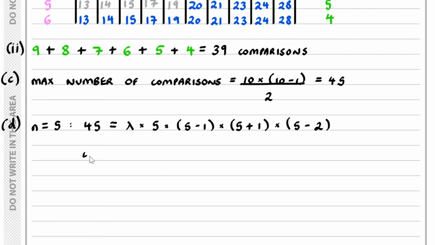So we've got 45 equals 360 lambda, which means lambda is equal to 1/8.